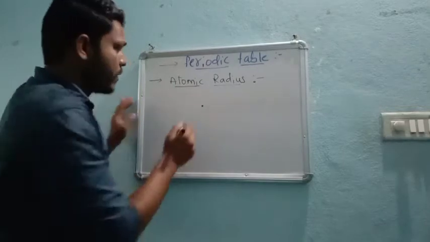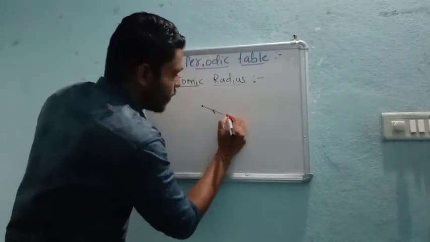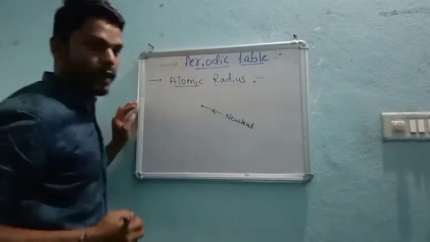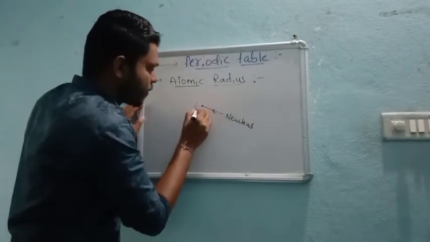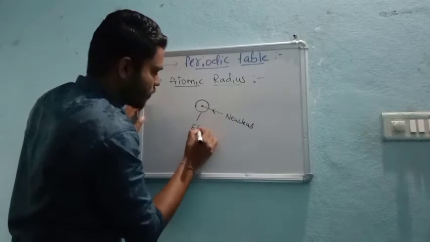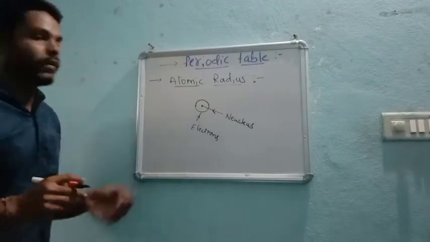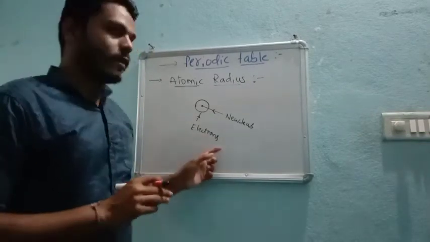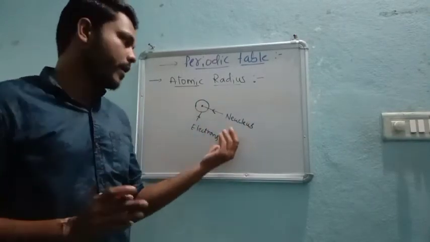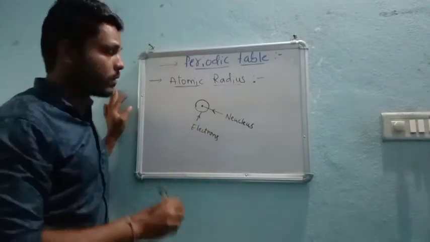So an atom must and should contain a nucleus and the outer part, that is electrons. Very important. These are the basic things. In the nucleus we have protons and neutrons, which is very well known.